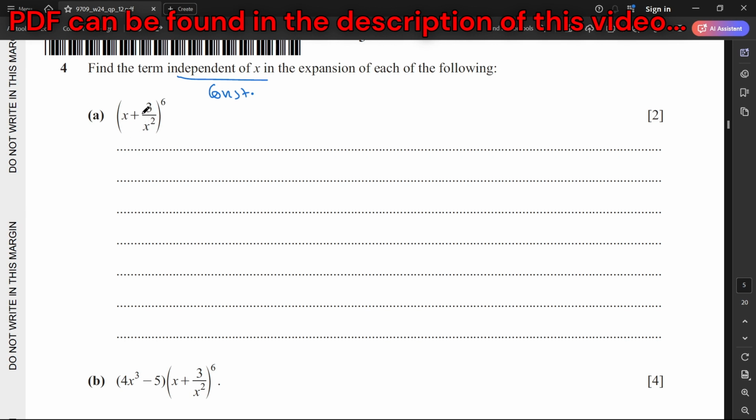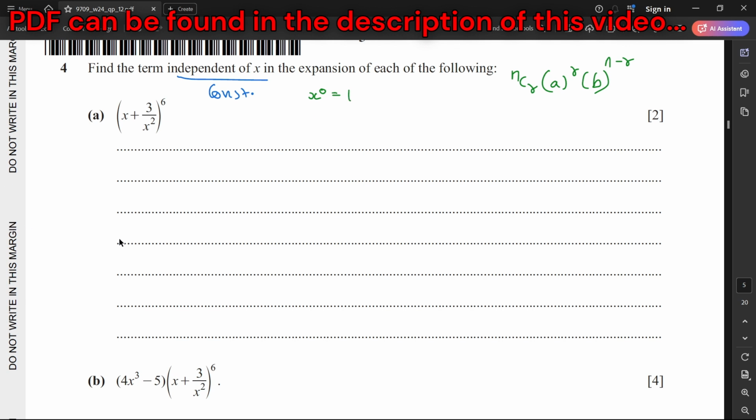So to find a constant term over here, you should be aware of the formula nCr, then the first term to the power of r, and the second term to the power of n minus r. And then if you compare the powers, you will just require the power of x to be equal to 0, because we know that x to the power of 0 is equal to 1, which is a constant, and then there is no term with respect to x over here.